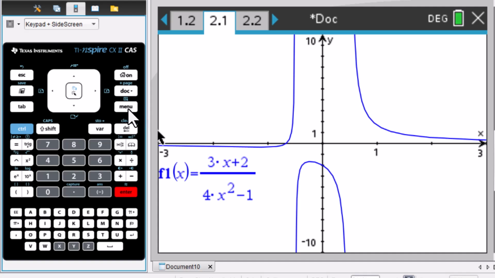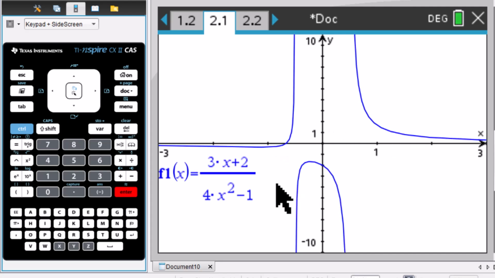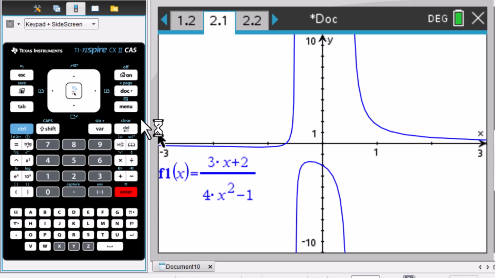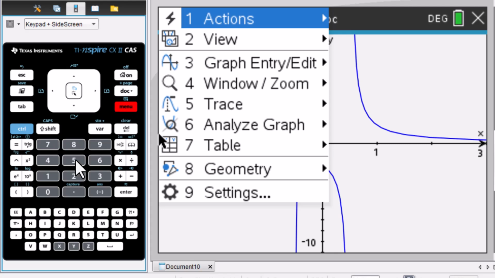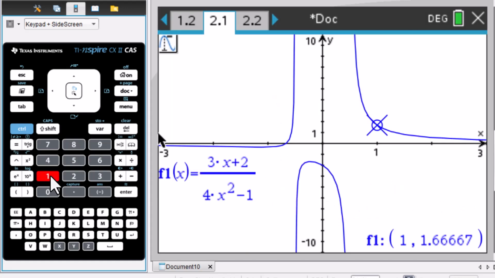So we will figure out the maximum value and x-intercept. I also show you how to figure out the y-intercept from this graph. Go to menu, 5, 1, graph trace, then put 0, enter. This is the y-intercept.